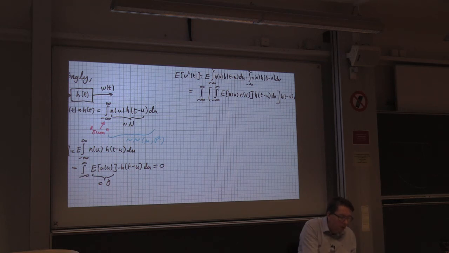Now we take the knowledge we have about the autocorrelation function of the noise, because what we have here is by definition the autocorrelation function of the noise evaluated at u minus v, the difference between the arguments of the n function.